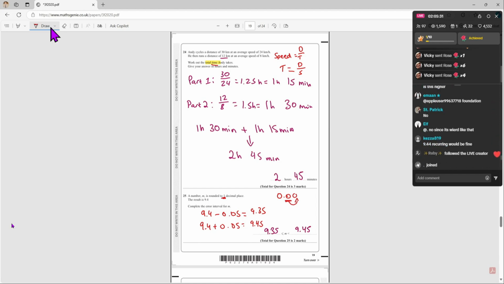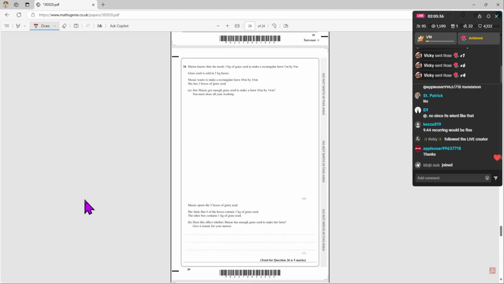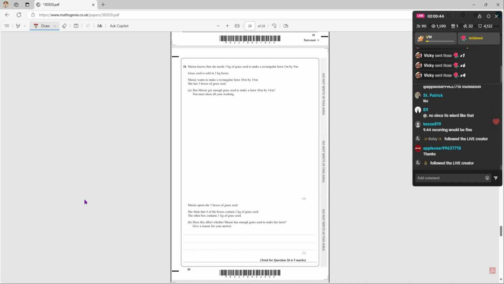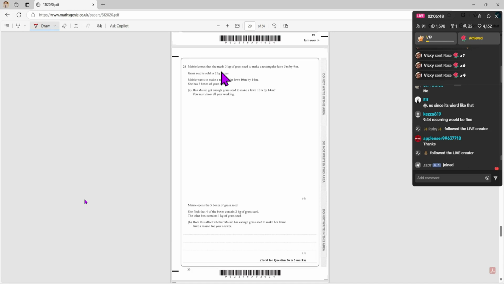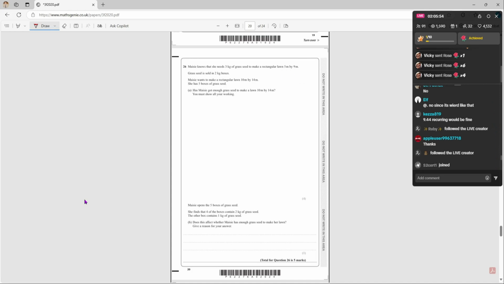So let's move on to our next question, guys. Question number 26. We only have a few questions left. Maisie knows that she needs 3 kg of grass seeds to make a rectangular lawn 5 meters by 9 meters, okay?